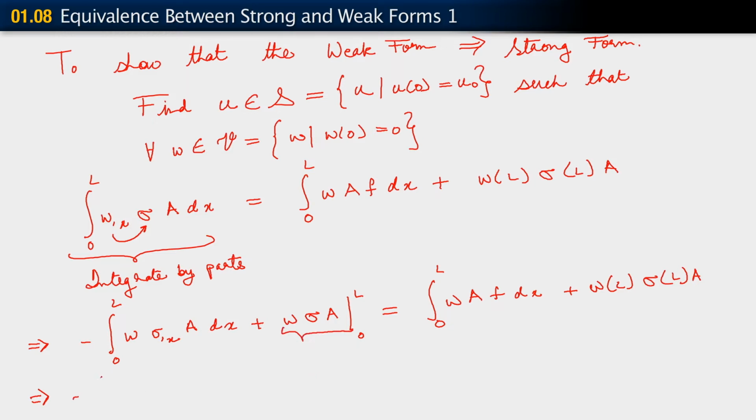So we get minus integral 0 to L W sigma comma x A dx plus W at L sigma at L A minus W at 0 sigma at 0 A. And you observe that that is essentially what we've done here.